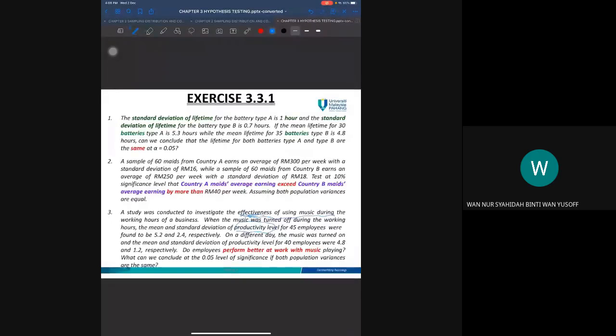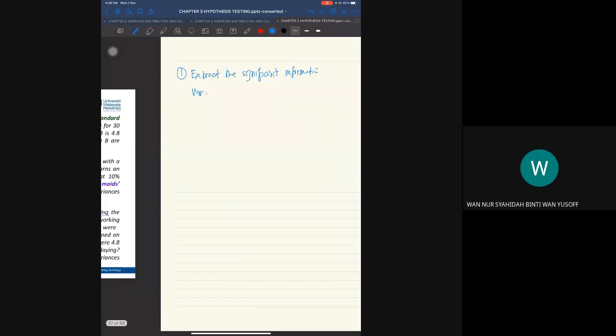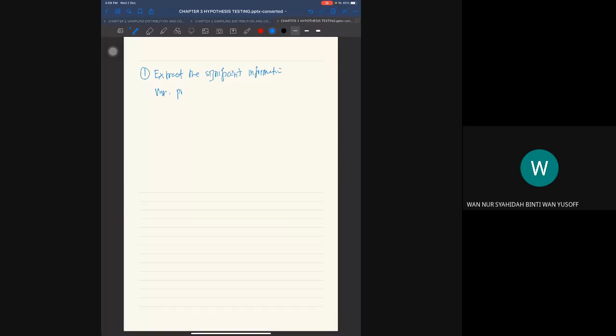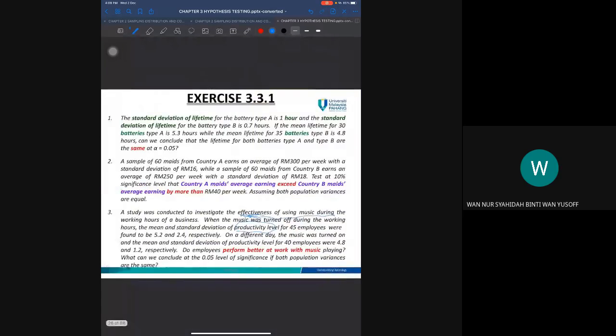The values must be calculated from the data, so the raw data is our variable: productivity level. The variable is very important for hypothesis testing, as we have discussed before, because it will influence your statistical hypothesis.